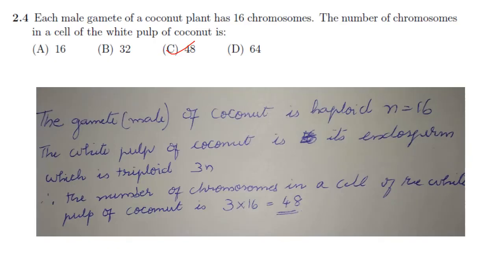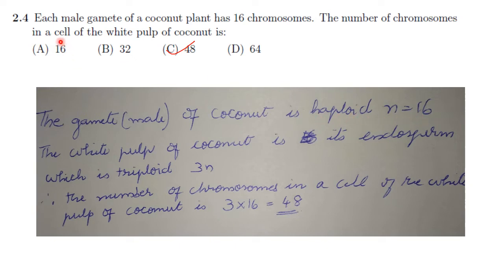The next one. Each male gamete of a coconut plant has 16 chromosomes. The number of chromosomes in a cell of the white pulp of coconut is. So the male gamete of the coconut has 16 chromosomes and male gametes are haploid. So n is equal to 16.